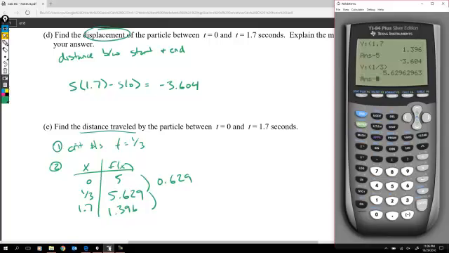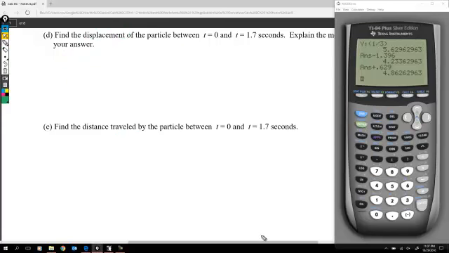Okay, so it's going to be minus 1.396. All right, and so I find that I traveled a distance of 4.233. Okay, and so I got to add these values together. Okay, and I find that my total distance traveled is 4.862 meters.